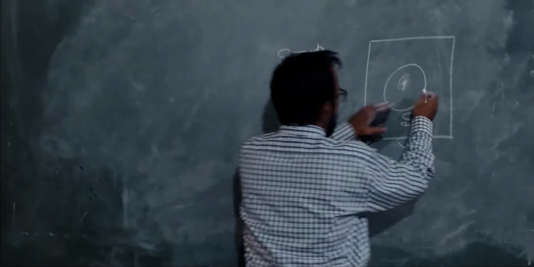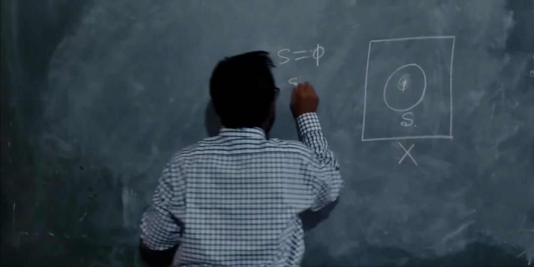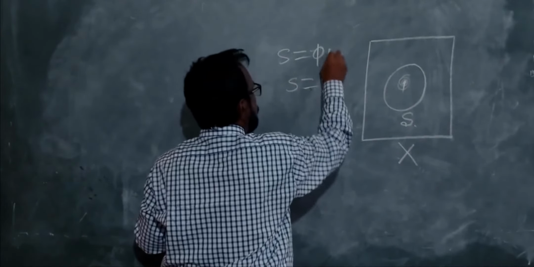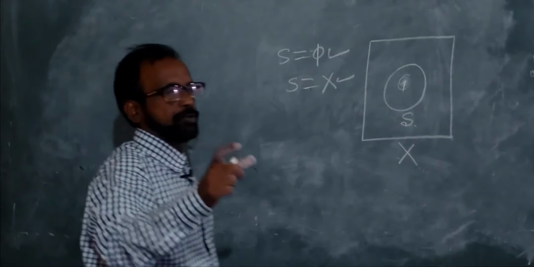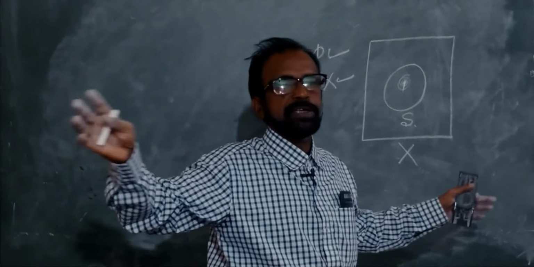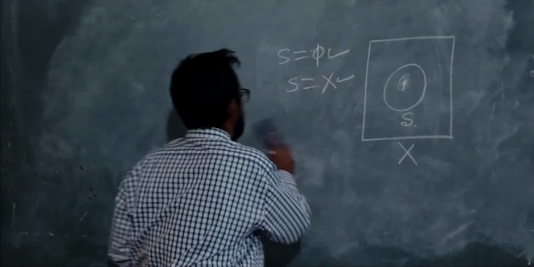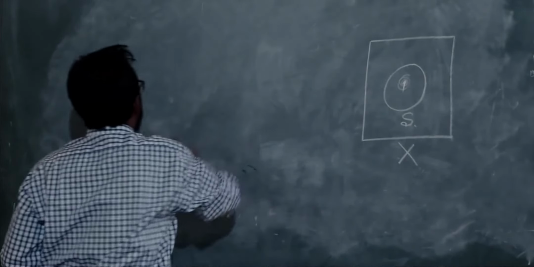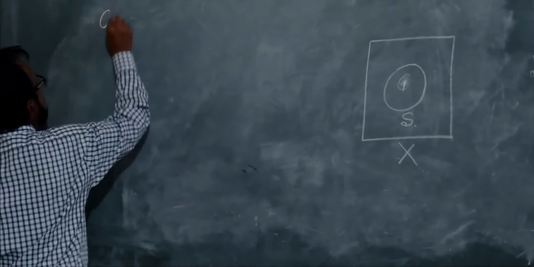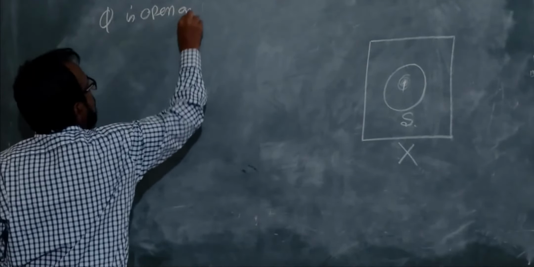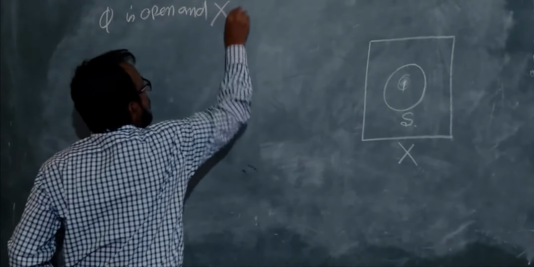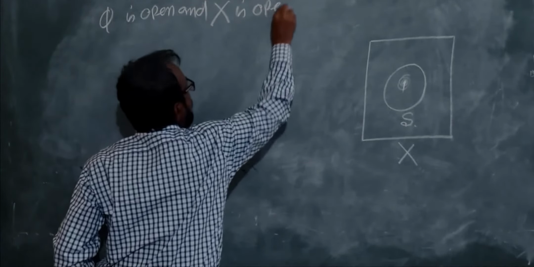If S is equal to X, that is also open. That means the null set phi is open and the whole space X is open. This is theorem number 1.